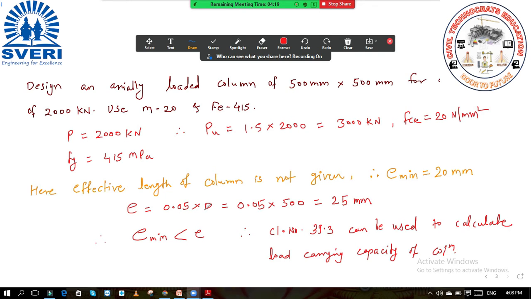So here we have calculated, first of all, E minimum, 20 mm, then we have calculated this E by 0.05 D. We found that our E minimum is less than E, so we can use this clause 39.3. Now what does this clause say?